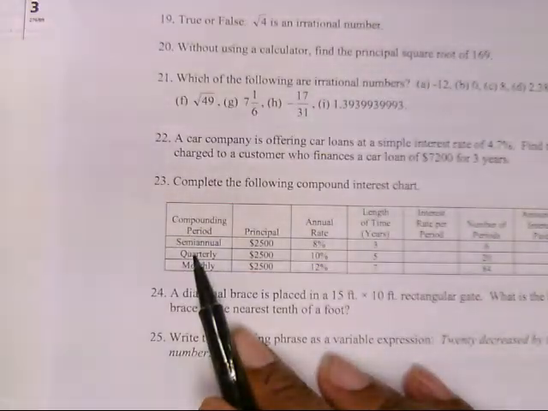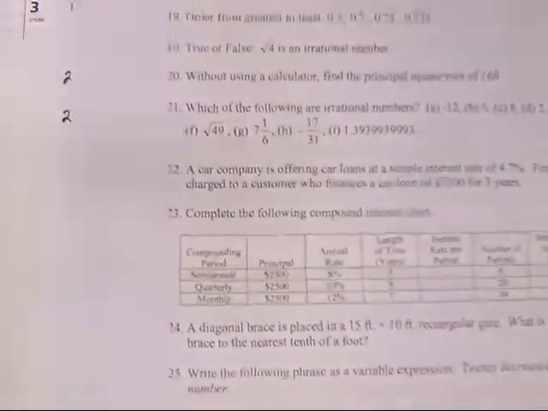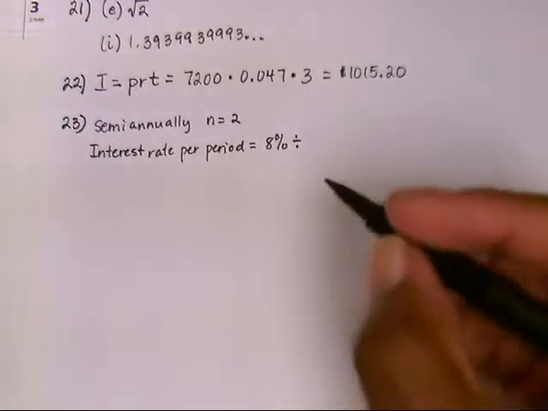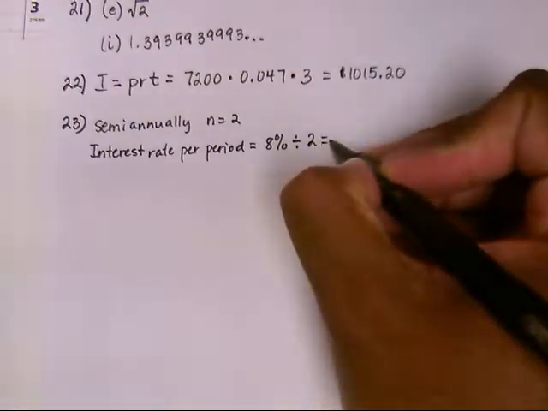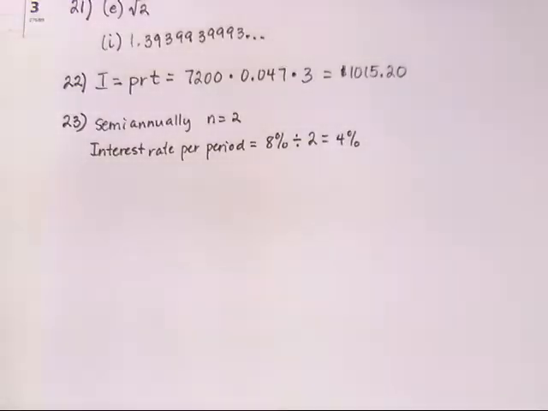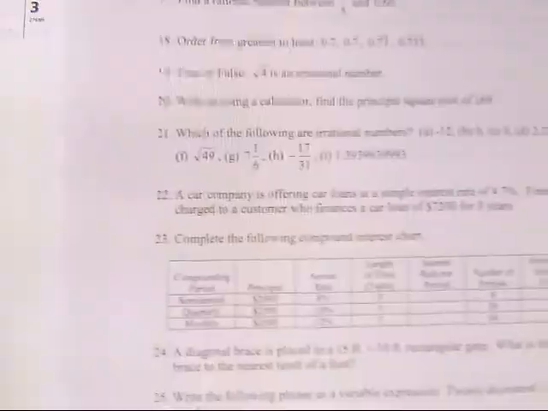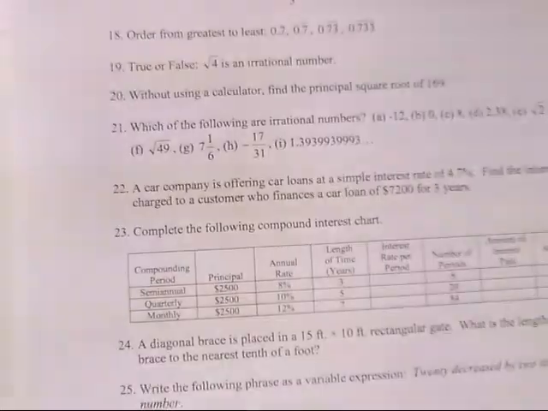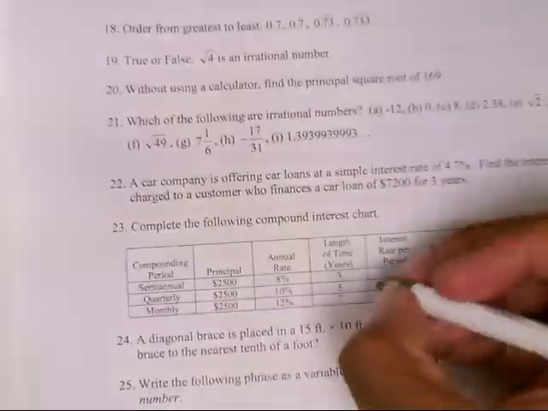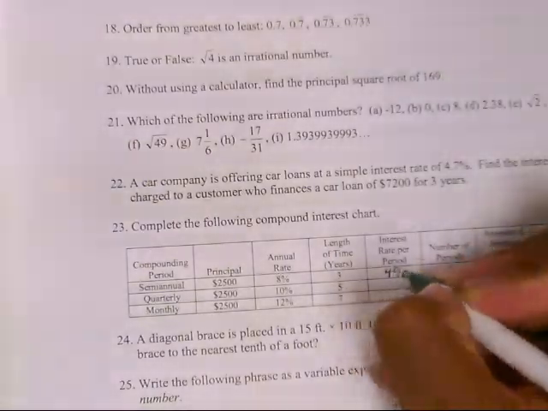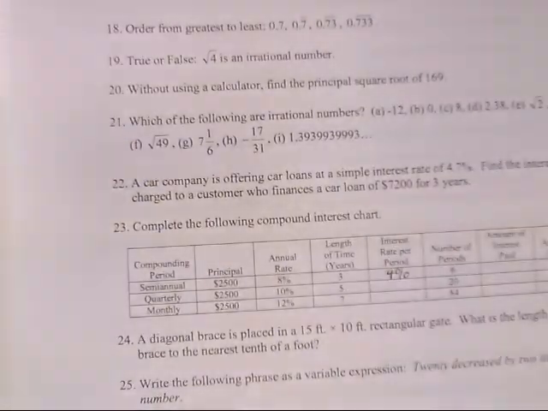Okay? The number of compoundings in a year. We divide that into the interest rate. Since there are 2 compoundings in a year, we're going to do 8 divided by 2, which is going to be 4%. So the interest rate per period is 4%.